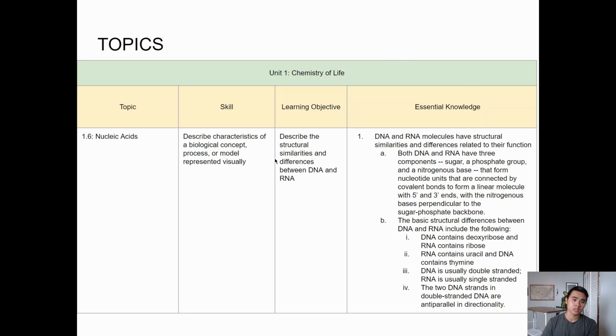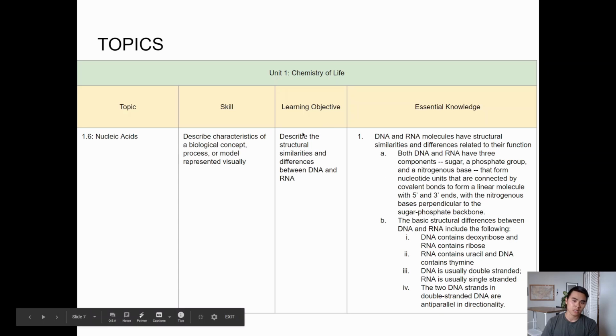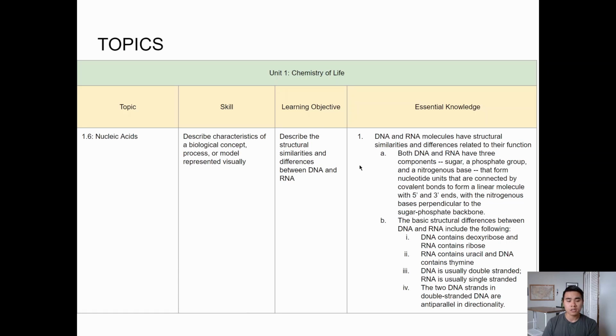So the purpose of doing this before our actual class that covers it is you can come in with questions, and you already have some background knowledge when we dive deeper into class. And another important part is that in class we're mainly focusing on skills. So one of the skills is describing a biological concept based off of the model that's represented visually.